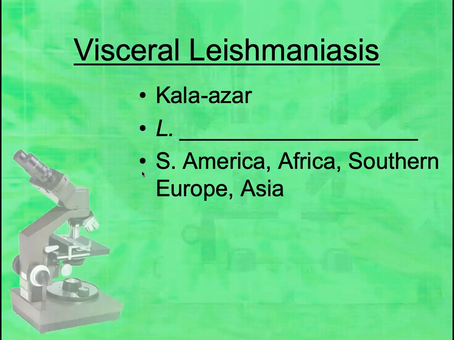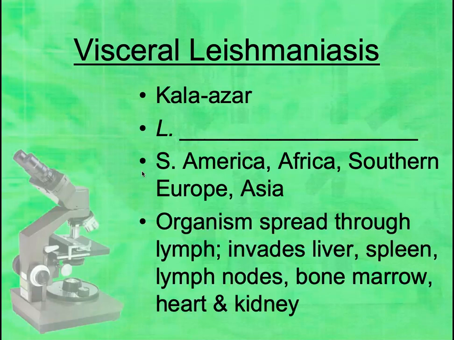The most serious out of all of these would be visceral leishmaniasis, caused by Leishmania donovani. Common names for this one are Kala azar, dum-dum fever, or black disease or black fever because of a characteristic darkening of the skin.